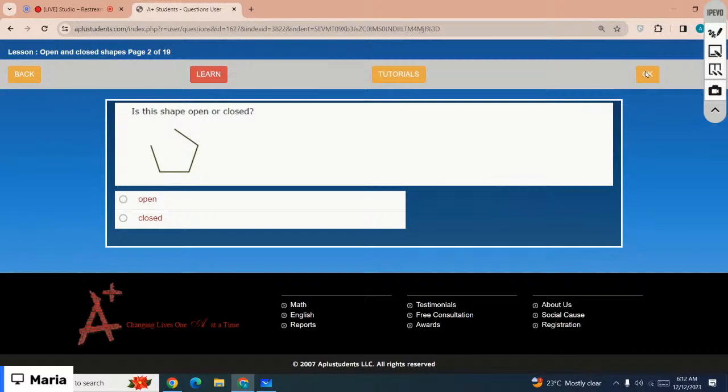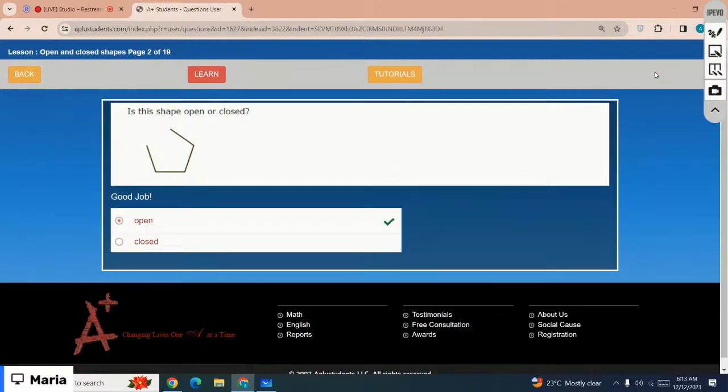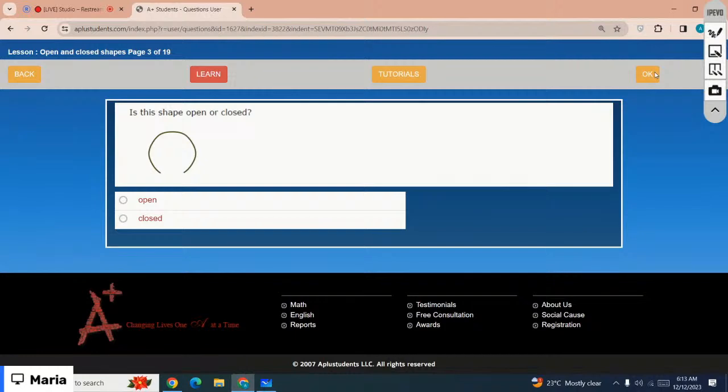Okay, is this shape open or closed? The correct option is yes, open, because you cannot start and end at the same point, right? Okay, is this shape open or closed? Which is the correct option?